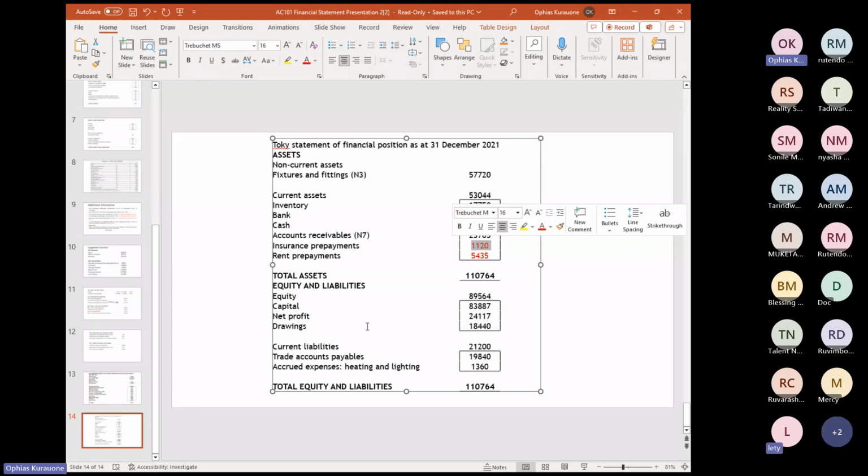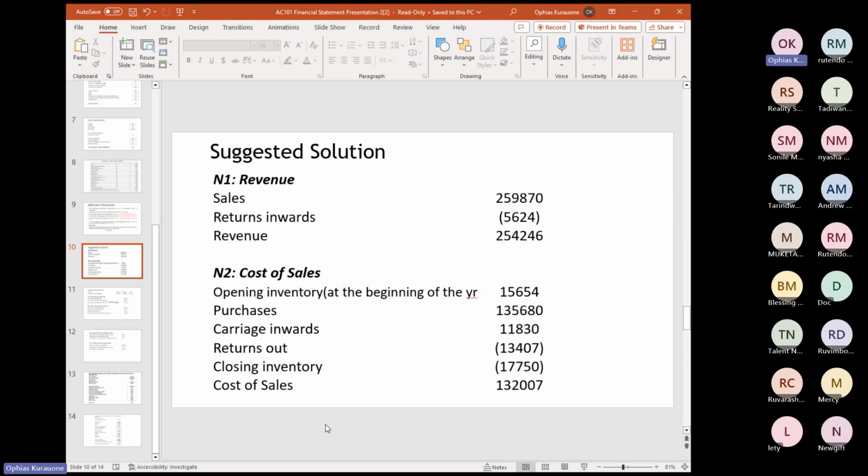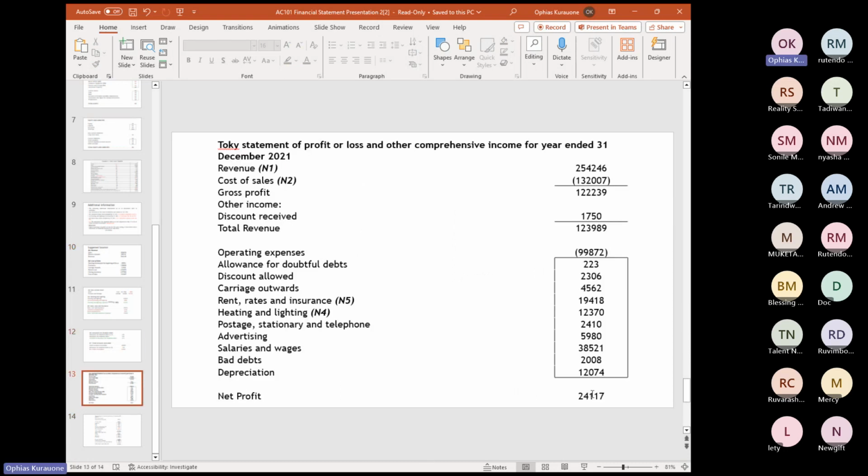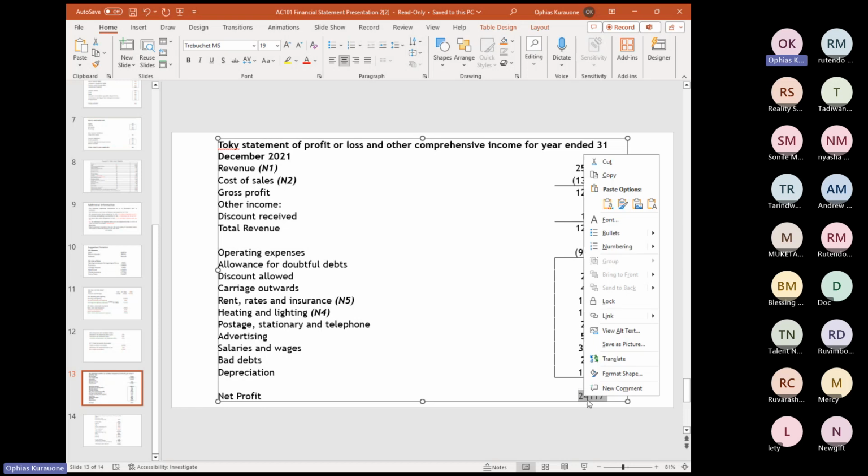Total assets, then you add current liabilities and equity. Equity is the amount which is invested by the owner of the business. Then capital, the amount invested, then net profit. The profit which you are going to get on the statement of profit or loss account. This profit will be carried again to our capital.